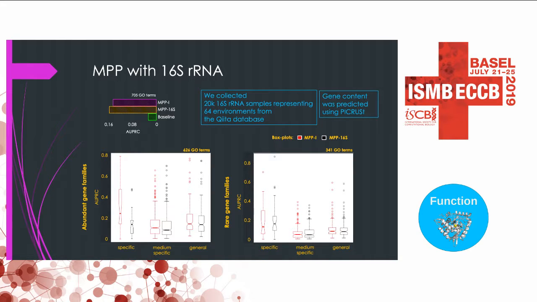16S rRNA sequencing is cheaper than a whole metagenome sequencing. Consequently, there are far more 16S samples available than whole metagenomes. So we collected 20,000 16S rRNA samples representing 64 environments from the CHITA database.